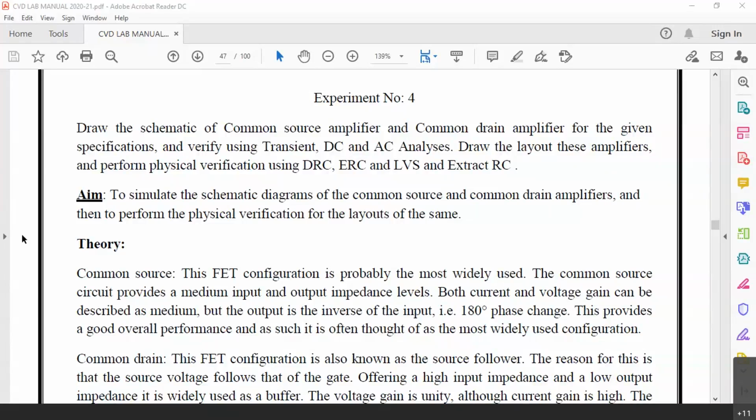That was one thing. Another thing is, for your seniors in the 5th semester, there used to be 3 labs. One was analog communication lab, one was microcontroller lab, and one was VLSI lab. And in the 6th semester, they had 2 labs called advanced communication lab and embedded system design lab.